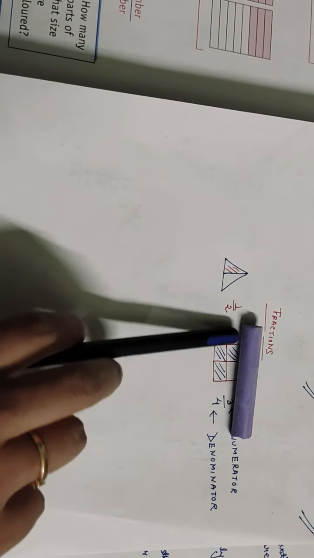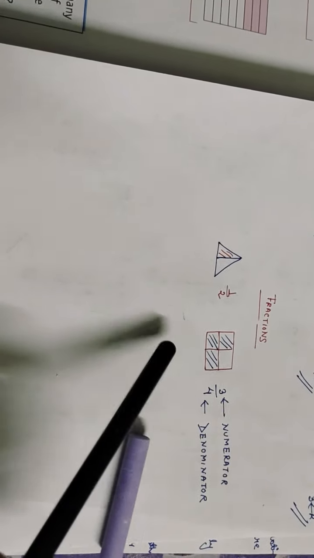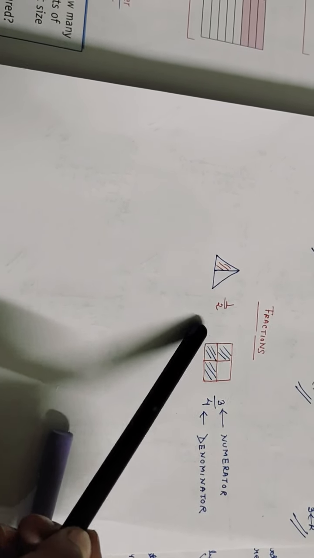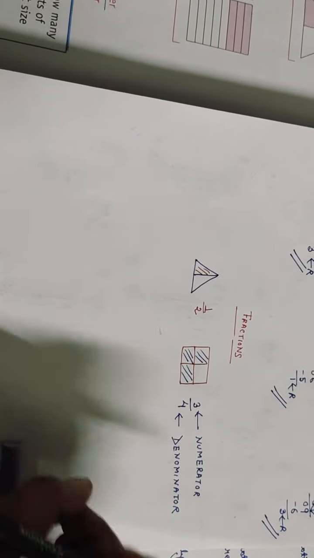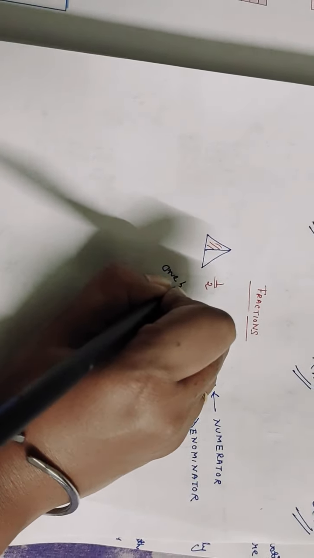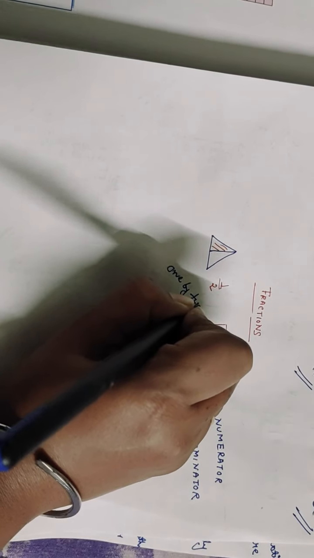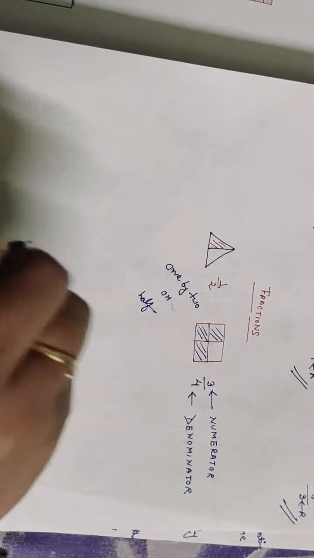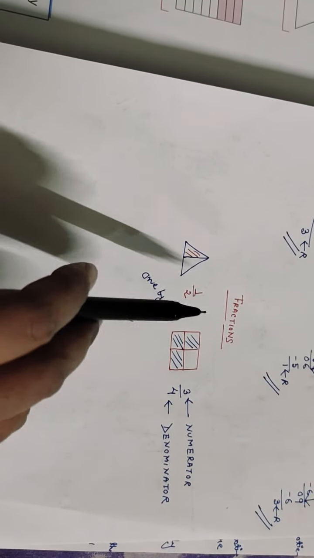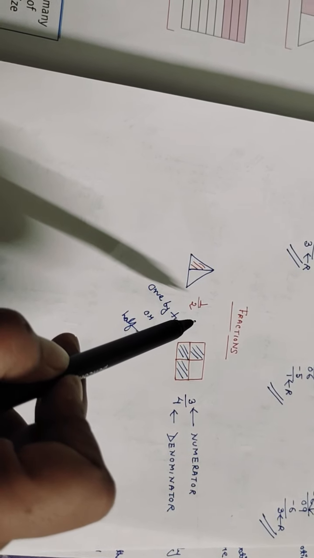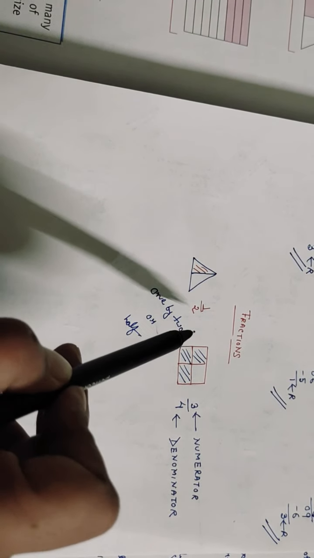Okay. Now, how to read a fraction? This one we can say 1 by 2 or half. We can say 1 by 2. This middle symbol is your division symbol, the fraction symbol, 1 by 2 or half.